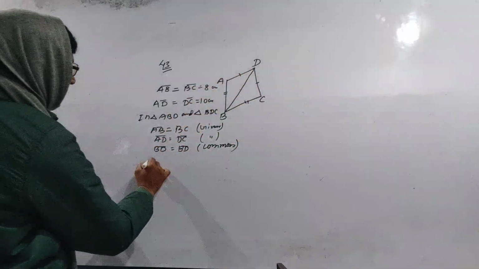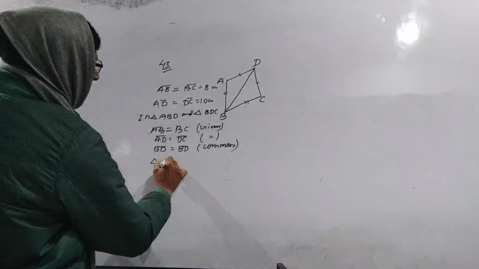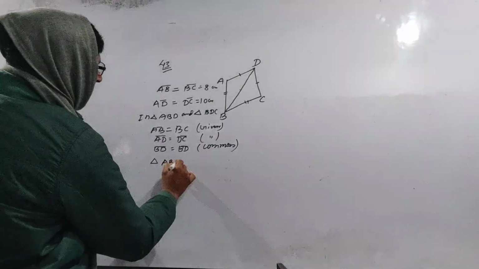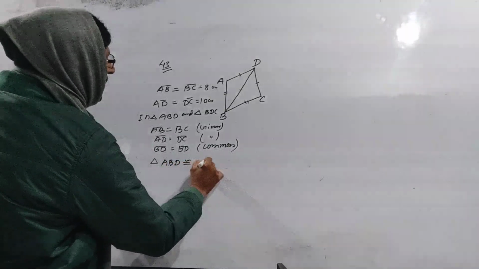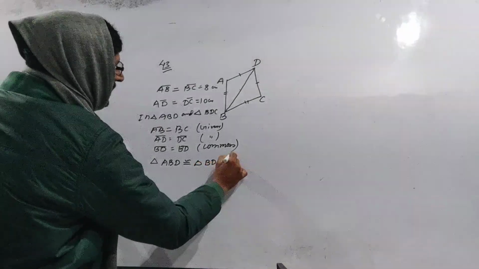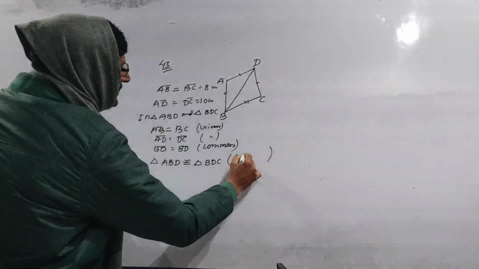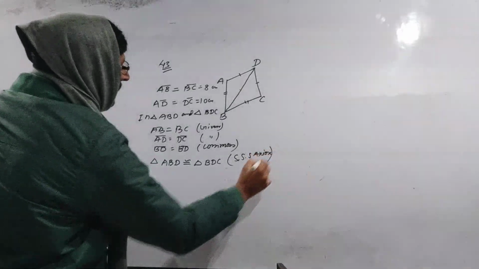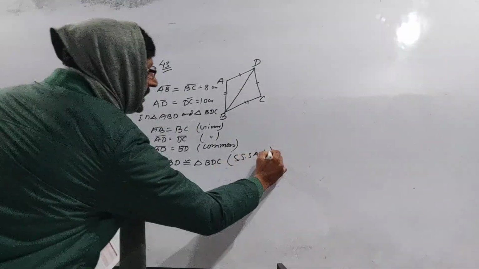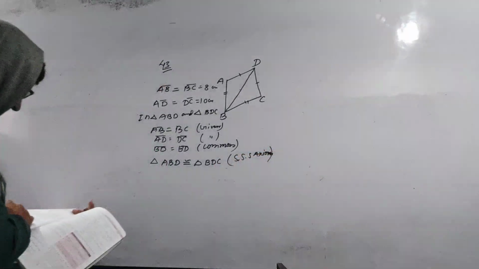So triangle ABD is congruent to triangle BDC by the SSS axiom. By the SSS axiom. Correct?